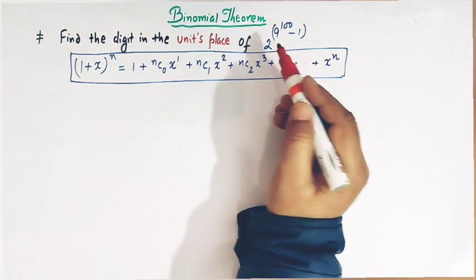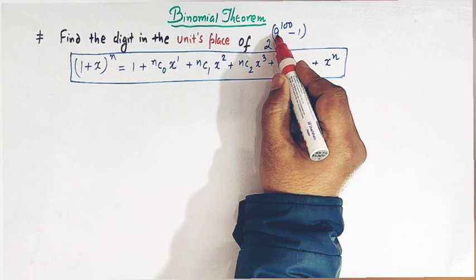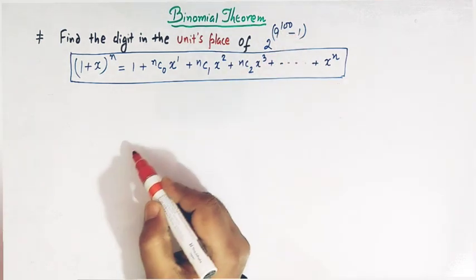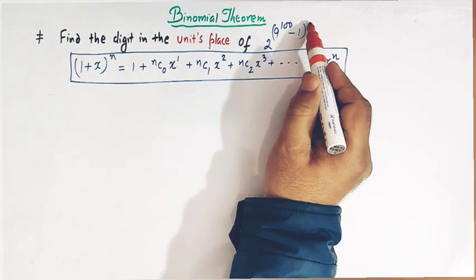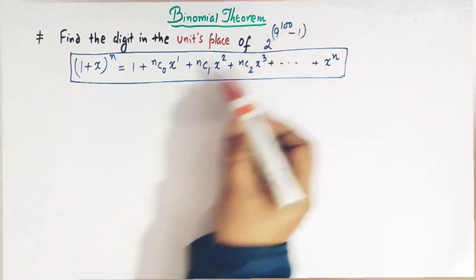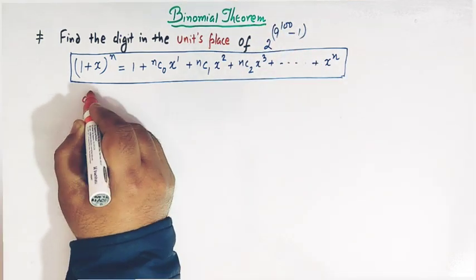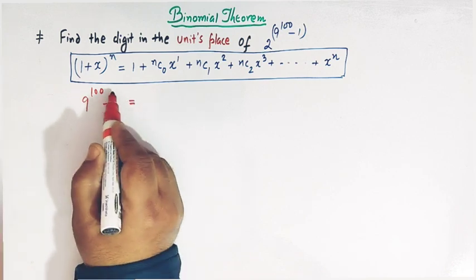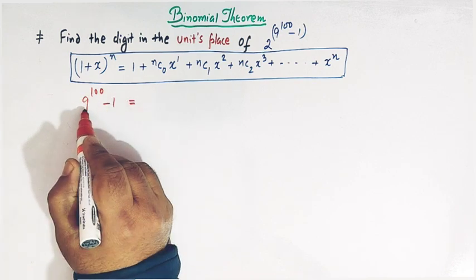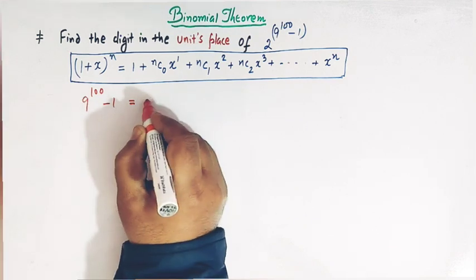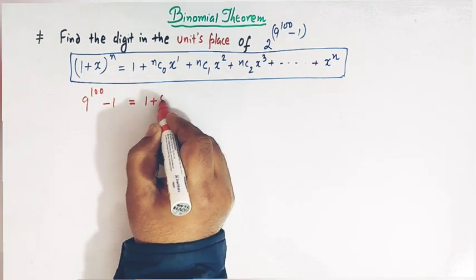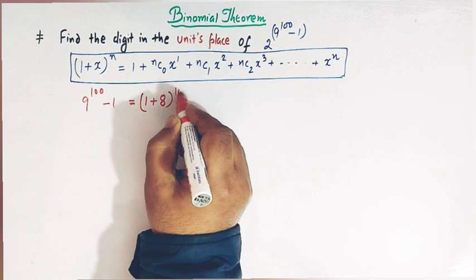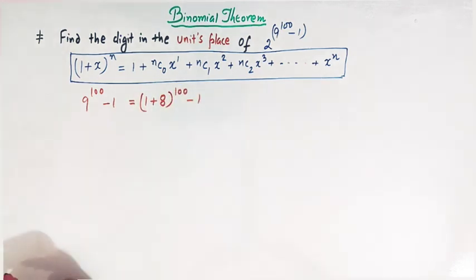Now see, here we have the number 2 raised to (9 raised to 100) minus 1. So let us take this portion, that is 9 raised to 100 minus 1. So first we will consider this expression. Now 9 can be written as 1 + 8, so we have (1 + 8)^100 minus 1.